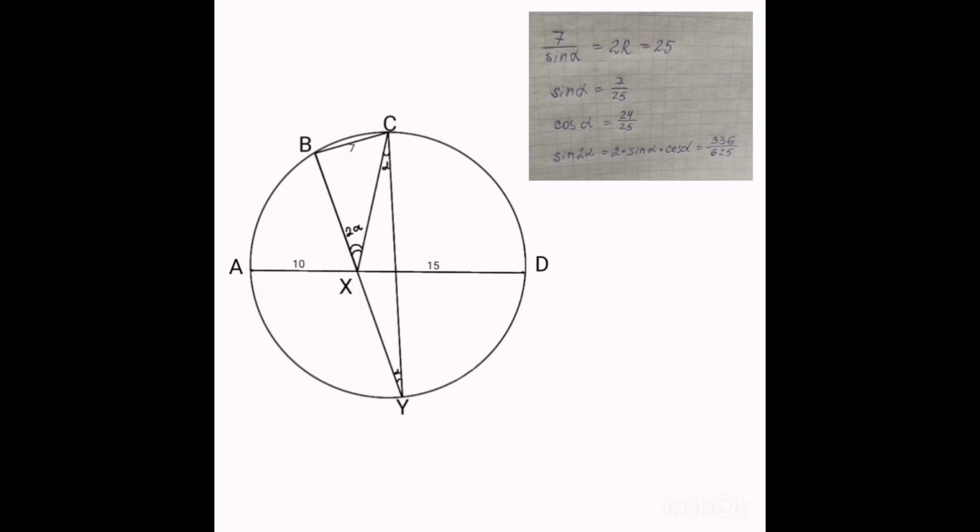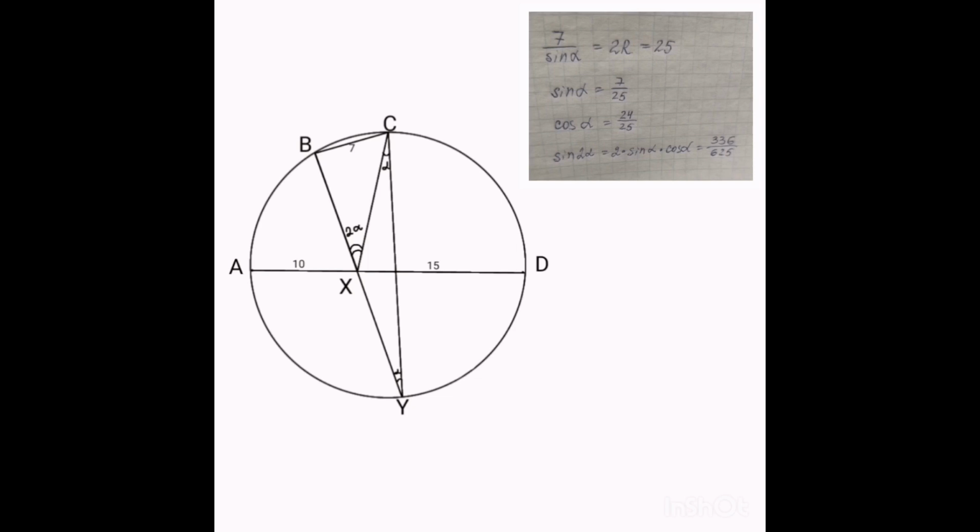After that, let's use the formula of the sine of the double angle: sine of double alpha equals 2 multiplied by sine alpha multiplied by cosine alpha, which equals 336 divided by 625.